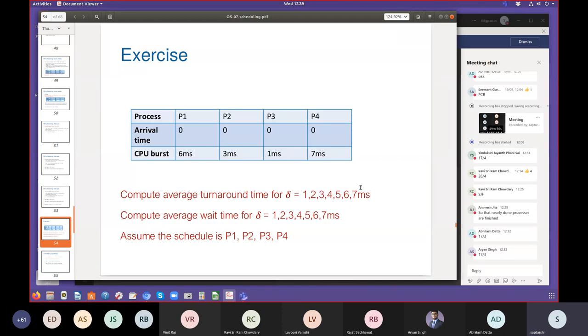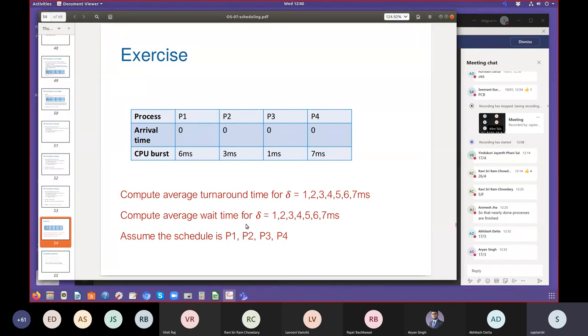So here is an exercise for you, which I would ask you to solve at home. It's a standard thing to say, do this exercise at home, but now you are at home. So do this exercise maybe after the class. There are four processes with arrival times at 0 and these CPU burst times. This exercise asks you to consider various values of delta, which is the time slice.